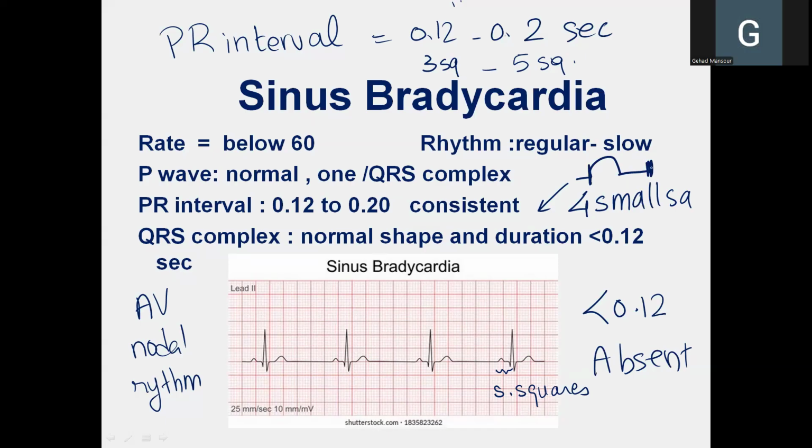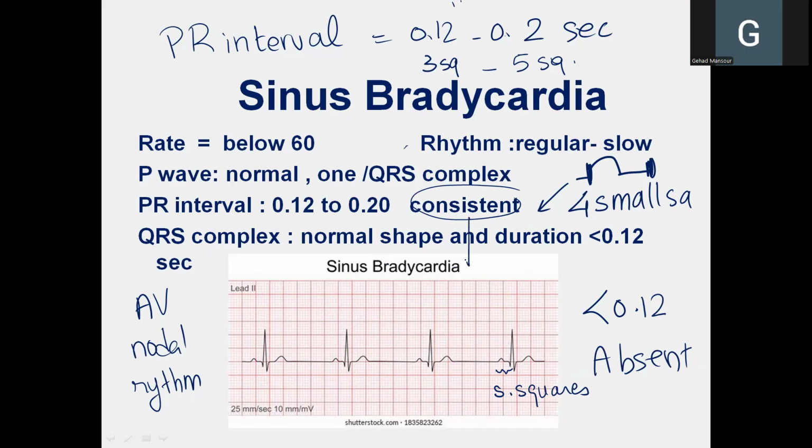So from here to there. This is the beginning of the P wave, and this is the beginning of the QRS complex. Again, you would say that it is consistent, meaning that all the PR intervals are equal.